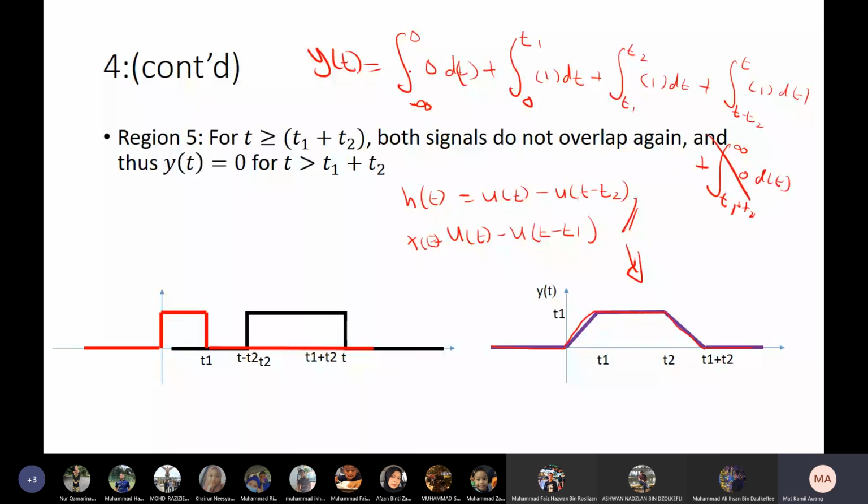So this is 0, this is 0, so you get only these 3 terms.